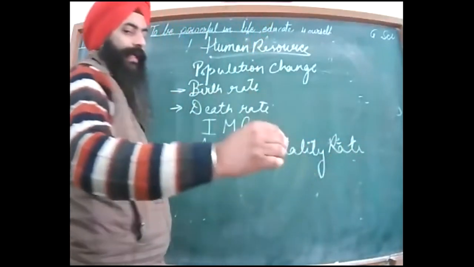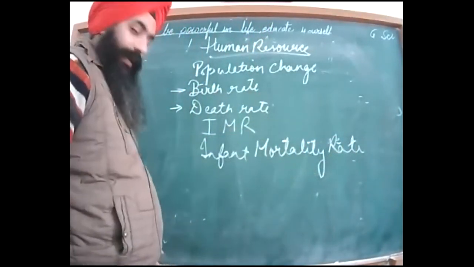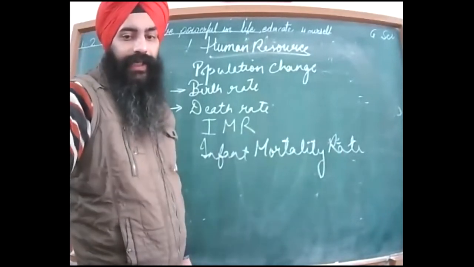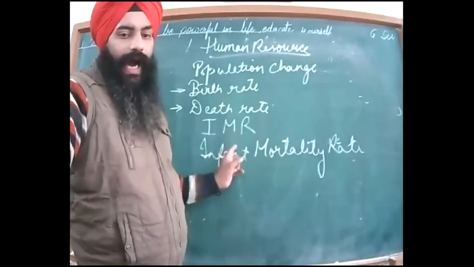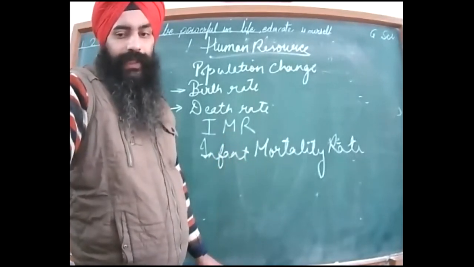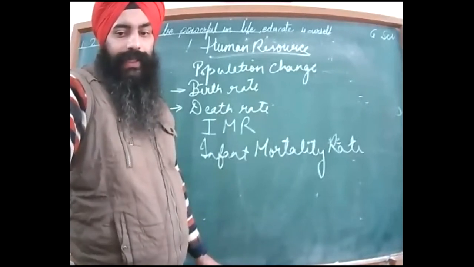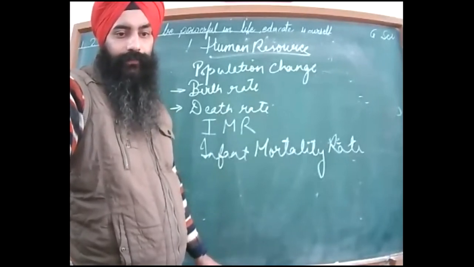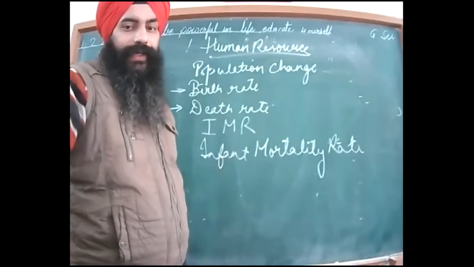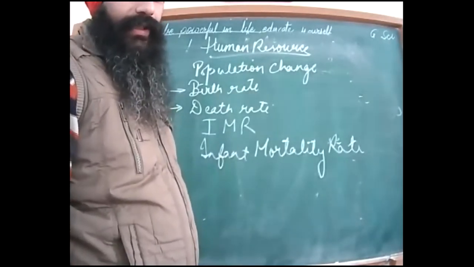It refers to the death of children under the age group of 1 year.